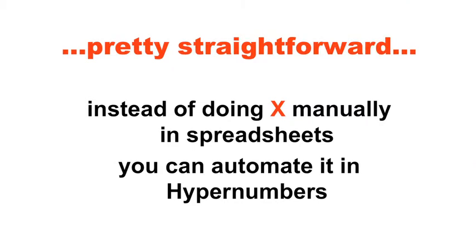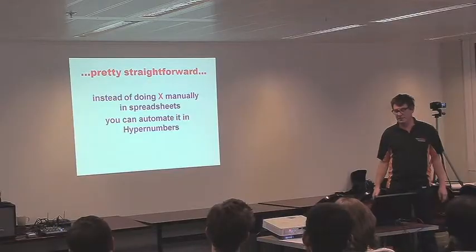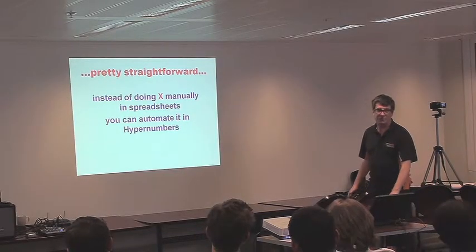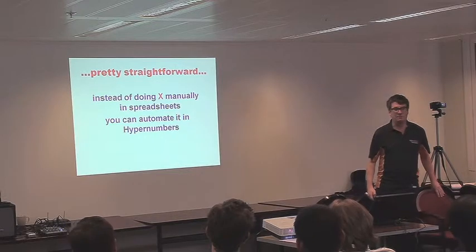So what we're trying to do as a company then is pretty straightforward. What we're saying is that there's lots and lots of business processes that you do manually in spreadsheets. You can now automate them and you can build systems, whereas previously you'd have to hire metric barrel loads of software developers. To get inbound or outbound call center functionality for a couple of hundred people, your opening price is about £250,000, where it has traditionally been. So with Hypernumbers, you cut away a lot of that.